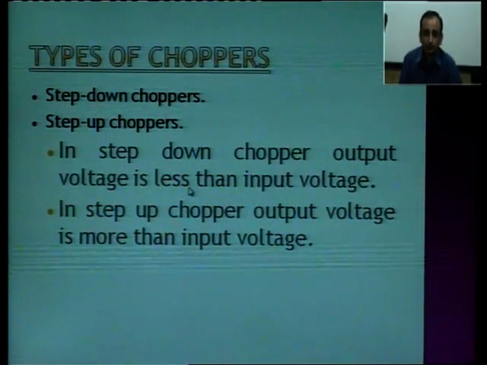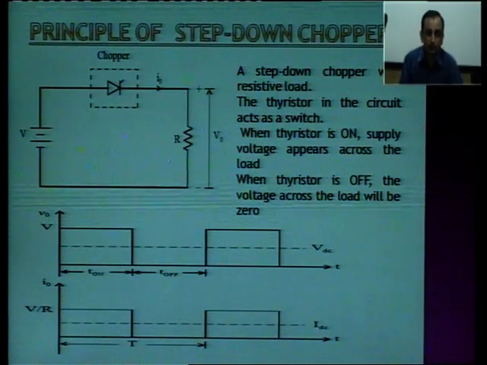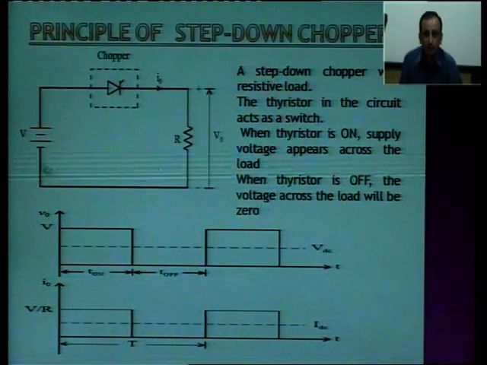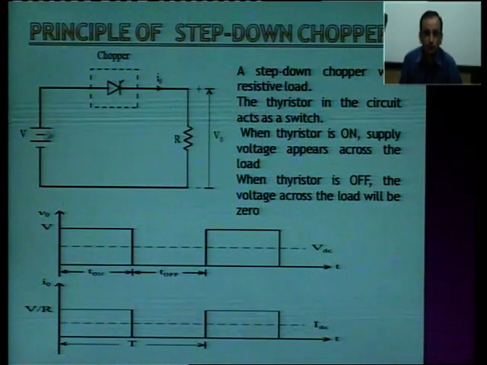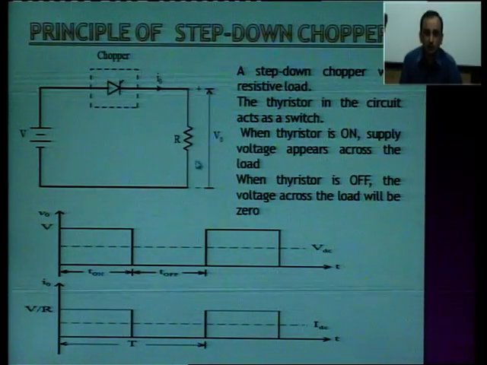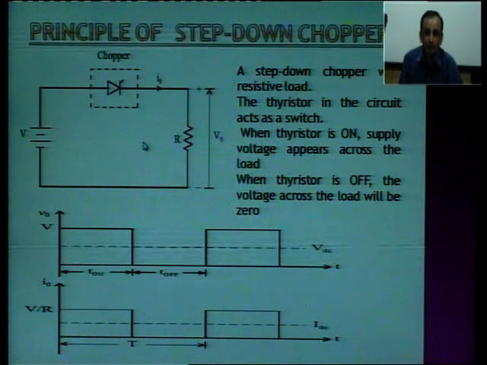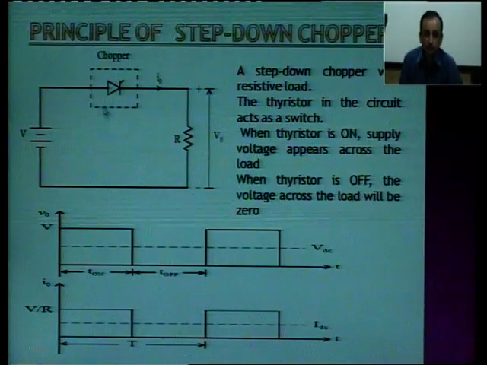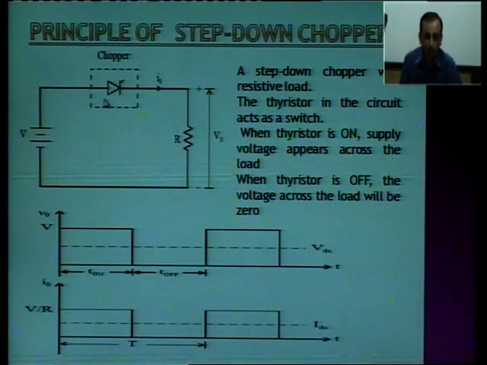That is understood. Now, how does the step down or step up chopper work? This is a typical diagram for a step down chopper. We are applying a voltage source with a resistive load across this step down chopper. The thyristor in this chopper circuit acts as a switch. Whenever this thyristor is on, it is just like a short circuit, or a 0.7 voltage drop depending upon which material is being used.